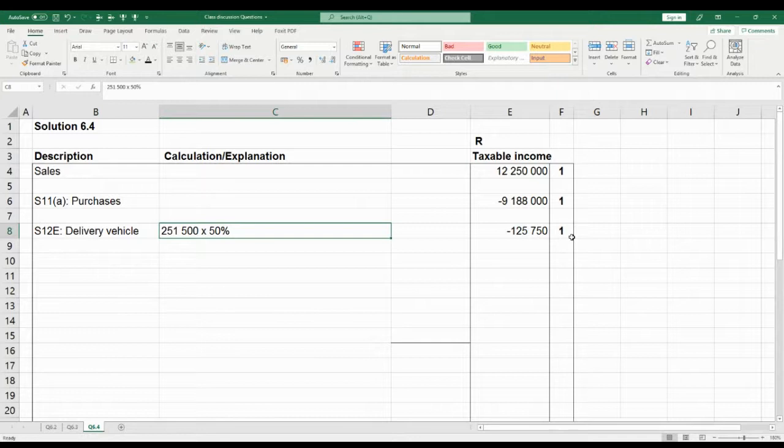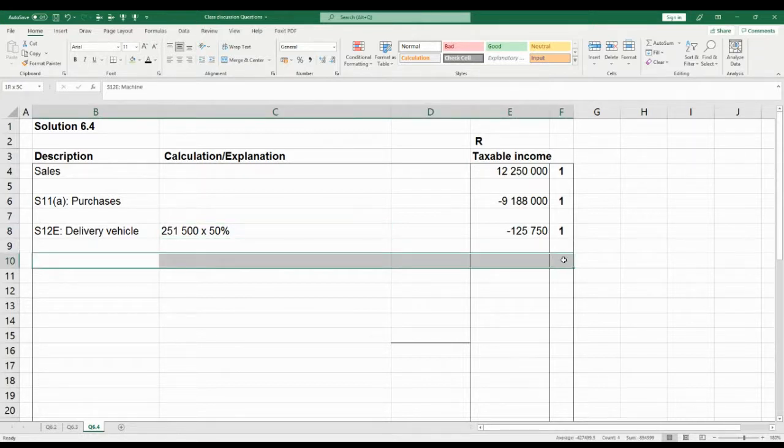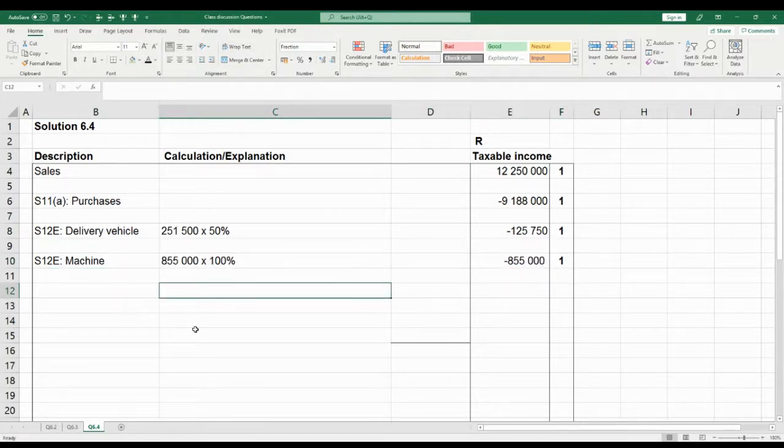Then in point 4, we said we purchased a new manufacturing machine. We said because of the fact that it's relating to manufacturing, we are allowed to get a full deduction of 100%. So we take that 855,000, we multiply it with 100% to get 855 deduction.